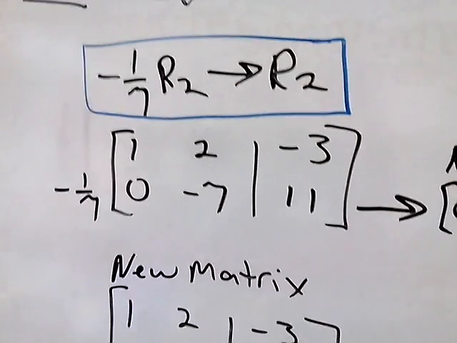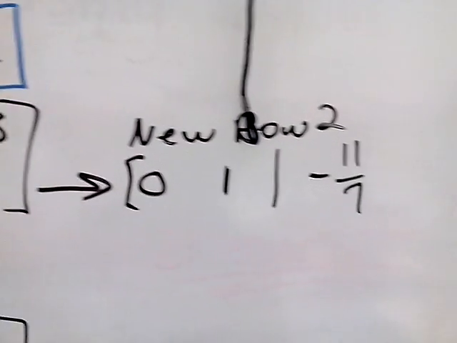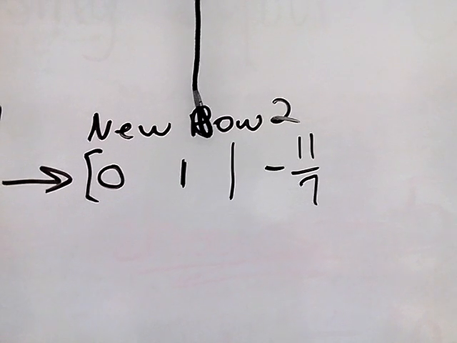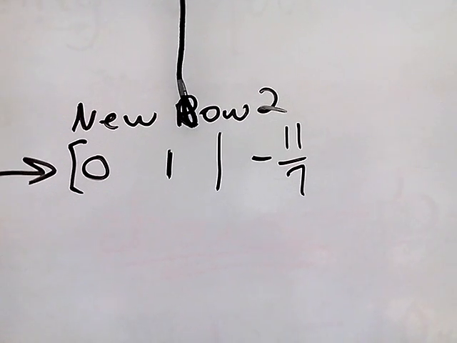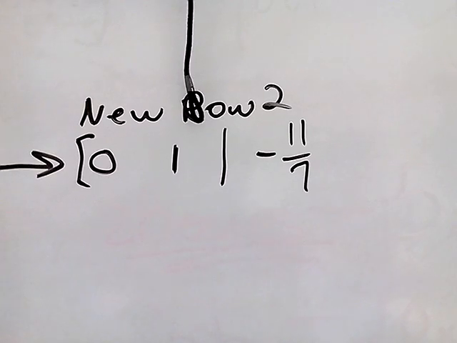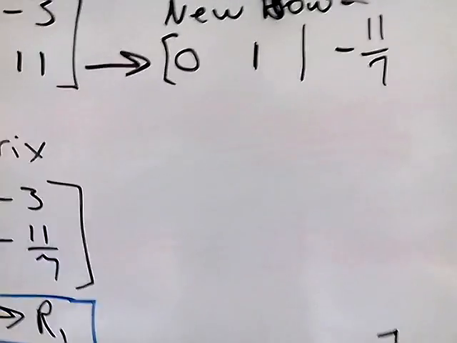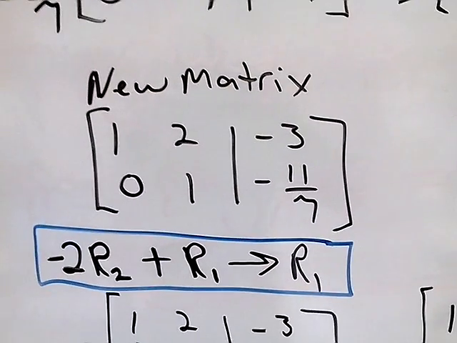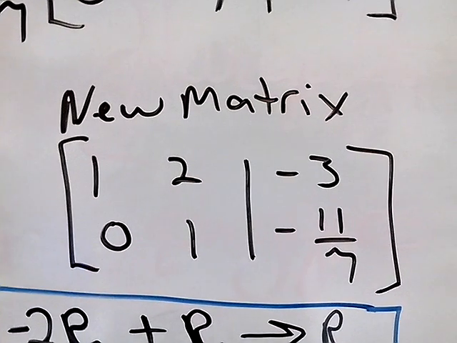Multiplying row 2 by negative 1/7 will produce the new row 2 that we see here. So now our new matrix is as follows.